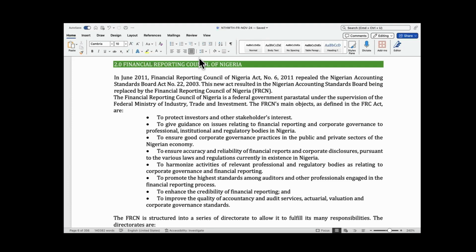He is now the current MD of the Financial Reporting Council of Nigeria. He came in last year, and he has been impactful. In 2011, when they started, it was Jim Obaze that was the founding MD of the Financial Reporting Council of Nigeria.